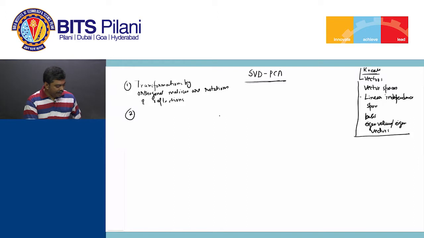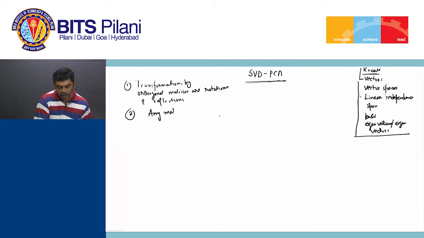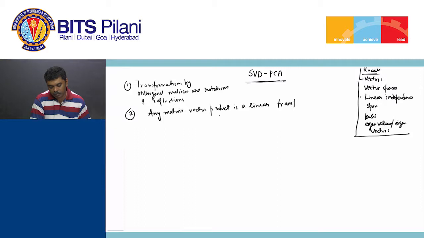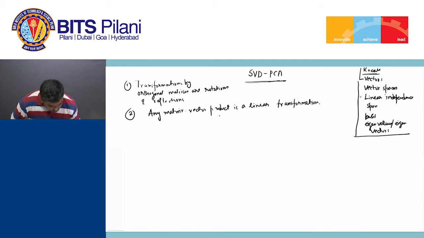Number two is that any matrix vector product is a linear transformation. These are some of the results that do not require reiteration, but we would require these results anyway.